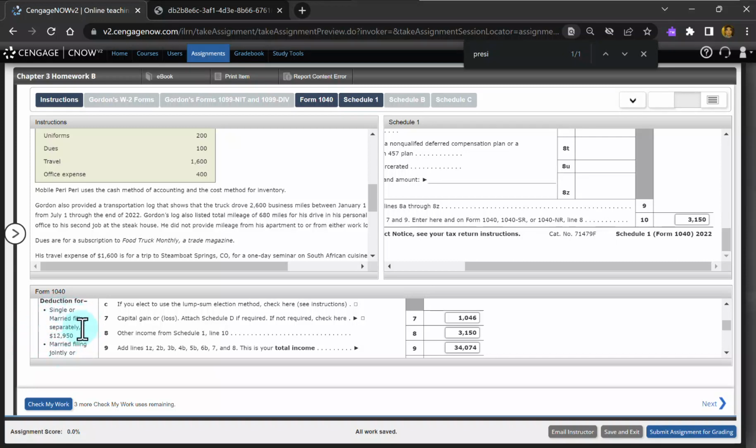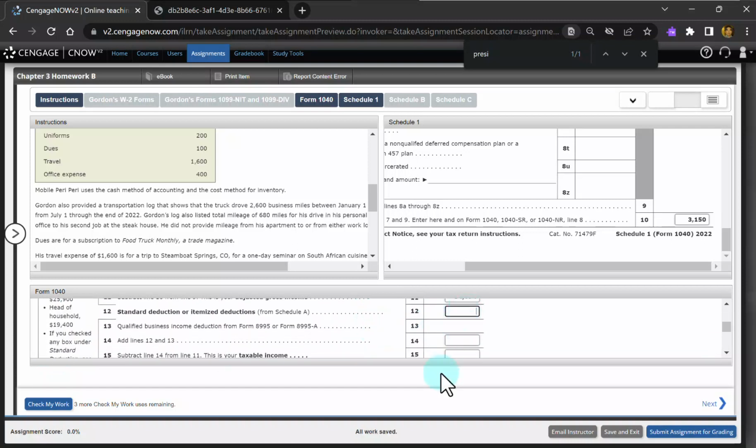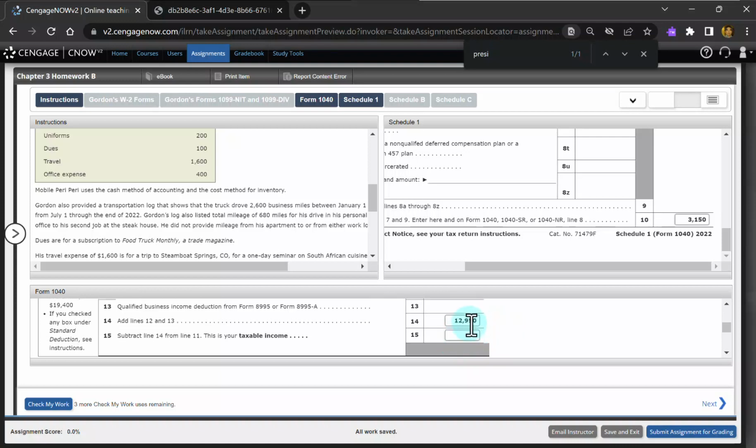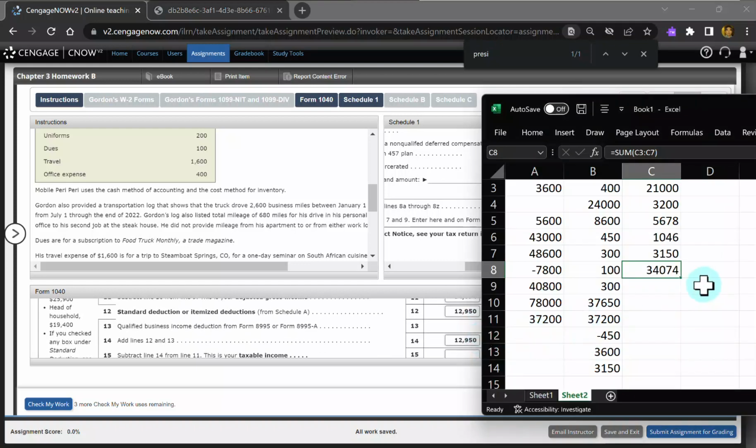So single filing status 12,950. Subtotal 12,950. Then I subtract that out from the AGI. That's this 34,074. Spreadsheet 34,074. 12,950. 21,124.